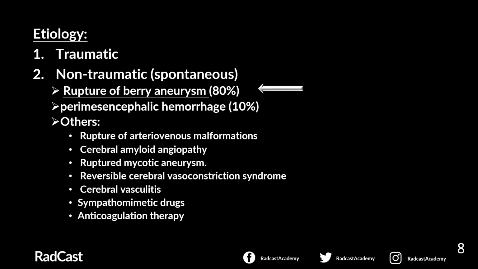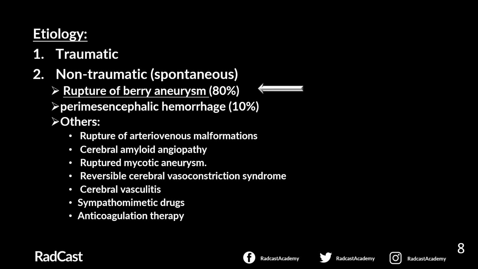Also, perimesencephalic hemorrhage, which represents about 10%. As we said, it is hemorrhage in subarachnoid cisterns around the midbrain. The origin of perimesencephalic hemorrhage is suggested to be due to venous or capillary rupture, which has better prognosis than cerebral arterial aneurysm.